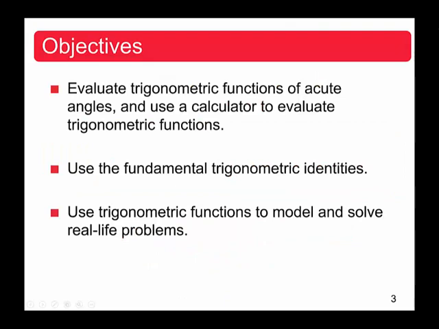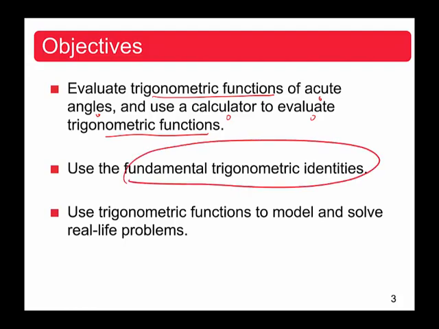Now in this particular section, we will evaluate trigonometric functions of acute angles, use a calculator to evaluate trigonometric functions, use fundamental trigonometric identities, and then learn how to use the trigonometric functions to model and solve real-life problems.